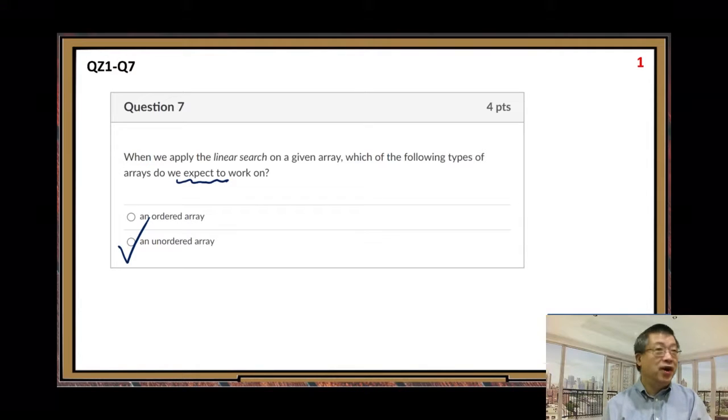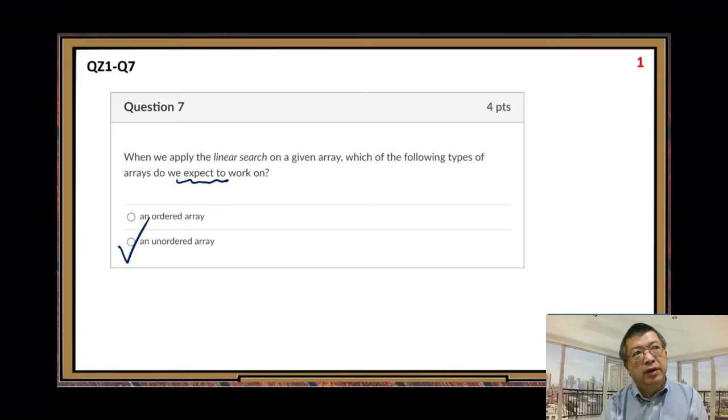And nobody wants to pay the checking cost. For that reason, even if an ordered array is given, we apply the linear search on it.